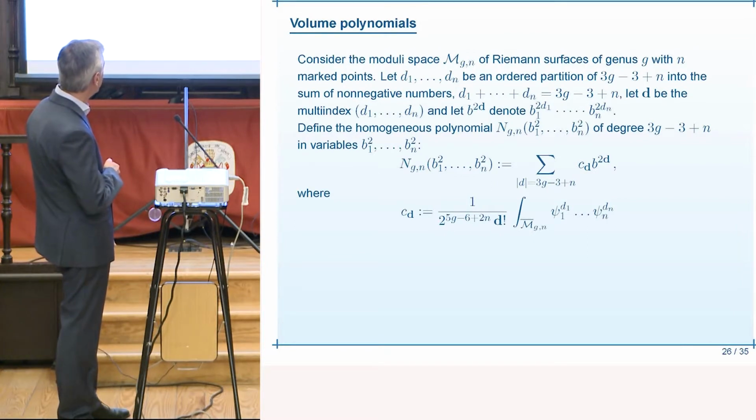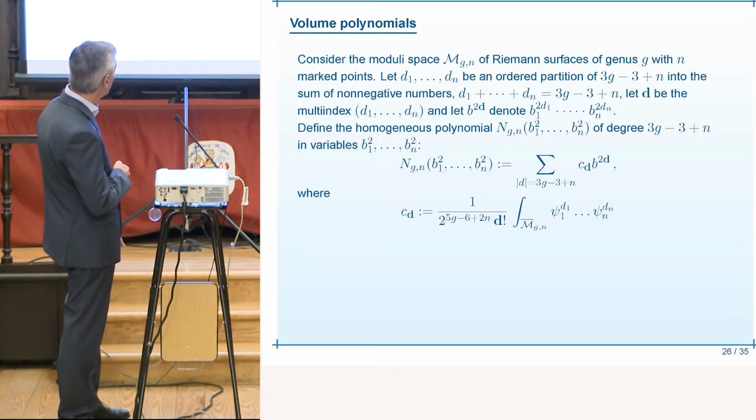I take these variables to the power 2d1, 2d2, etc., 2dn. This is this thing. And the coefficient is expressed in terms of this characteristic number defined in terms of psi classes with some combinatorial coefficient.